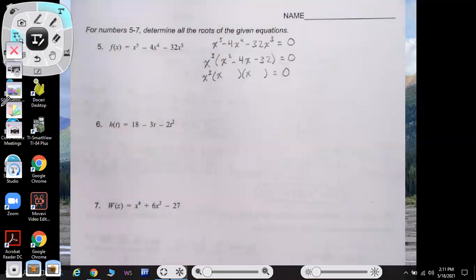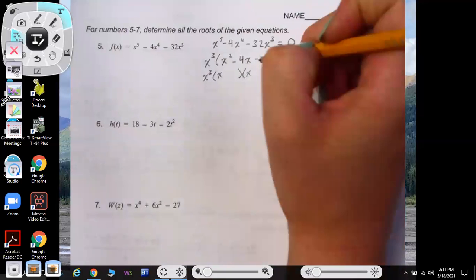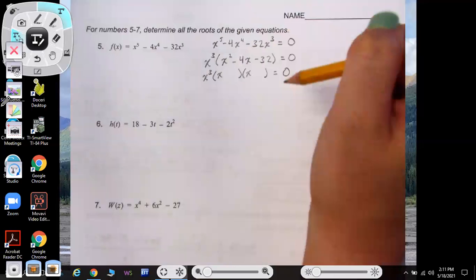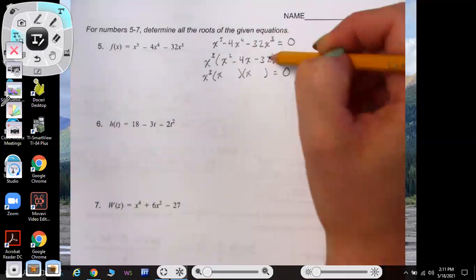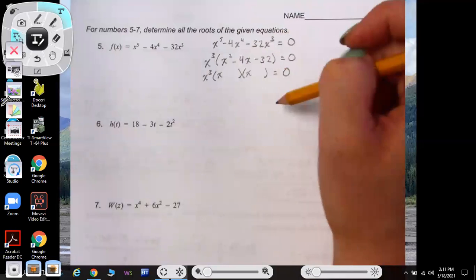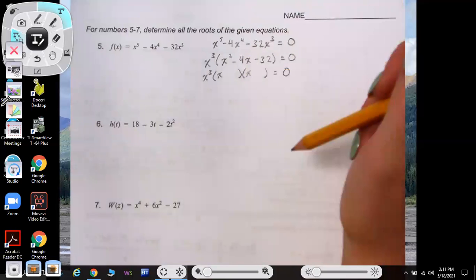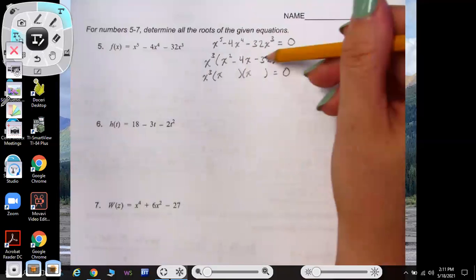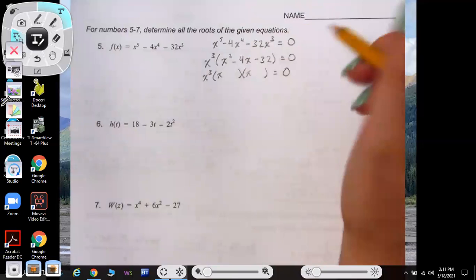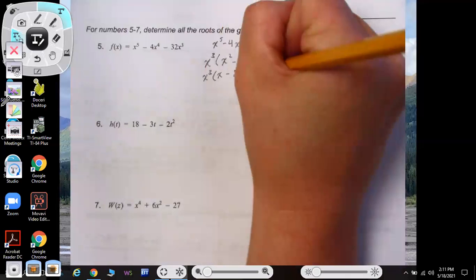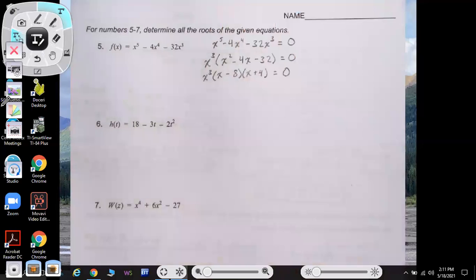So then what goes in the back of both sets of parentheses is a number that multiplies to be negative 32 and adds to be negative 4. So factors of 32 that add to be 4 would be negative 8 and positive 4. Because negative 8 times 4 is negative 32, and negative 8 plus 4 is negative 4.